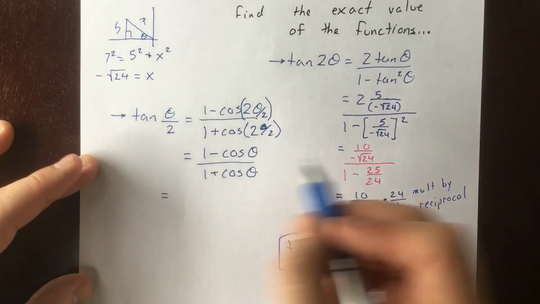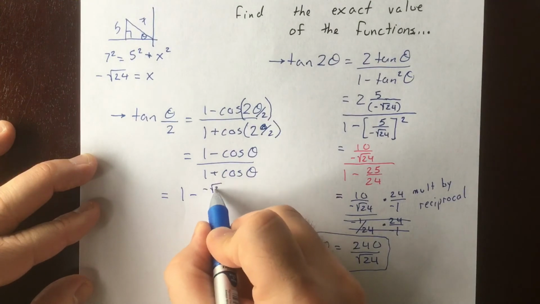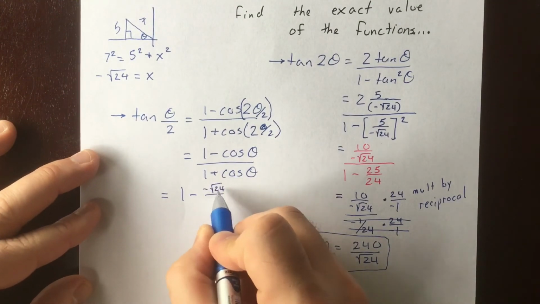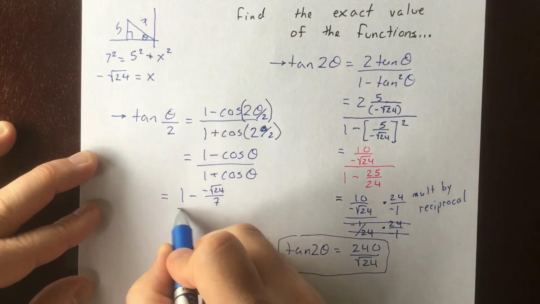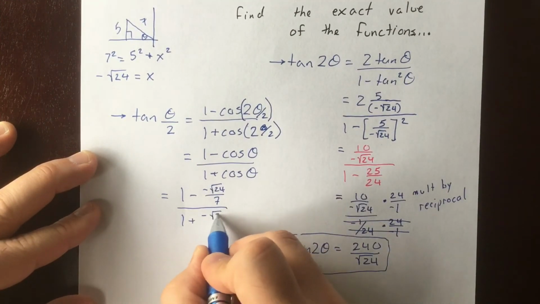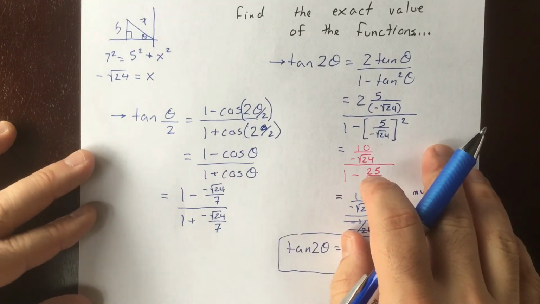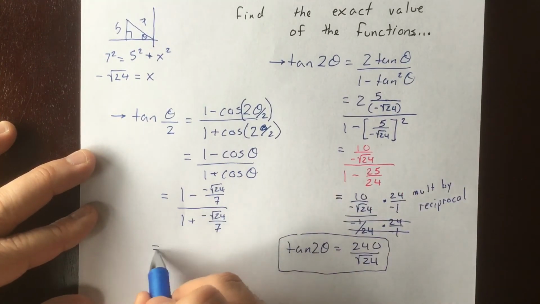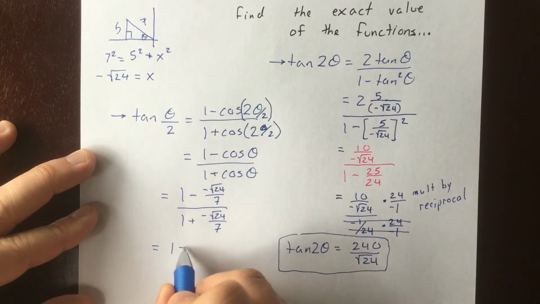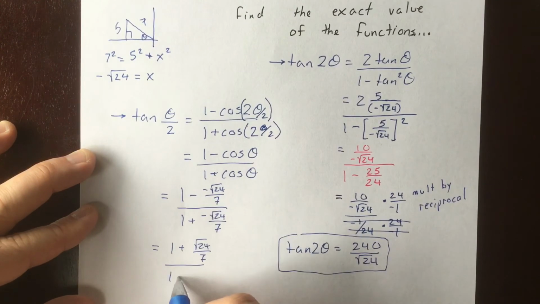We get 1 minus cosine would be square root of 24 over 7, and 1 plus negative square root of 24 over 7. Okay, that leads us to 1 plus, 1 minus because of the negatives.